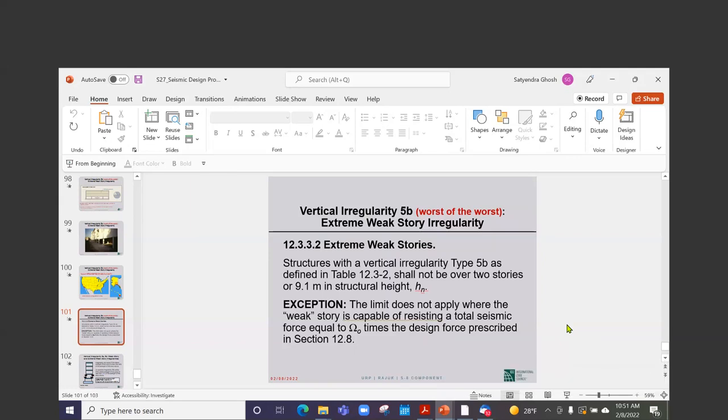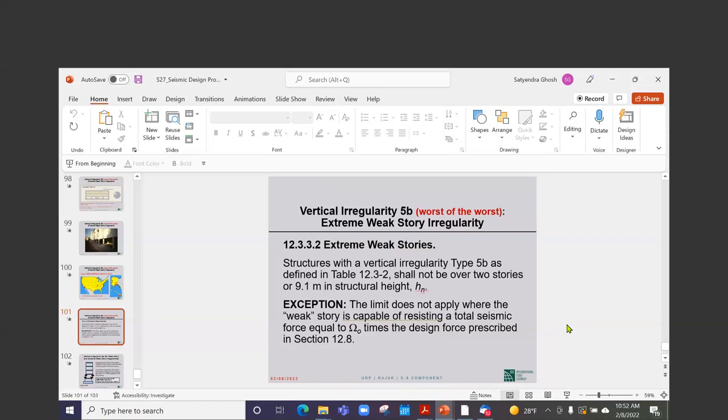The transfer girder that receives the load of the discontinued element must be designed for the overstrength load combinations. But the entire load path that takes the amplified forces down to the ground also has to be designed using the load combinations with the overstrength factors.